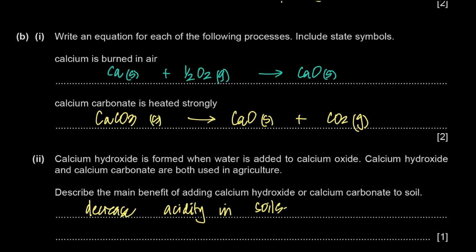They don't make it alkaline, they want to make it neutral. So if the soil has a low pH, they want to increase the pH. So these increase the pH of soils. That's what happens. All right.